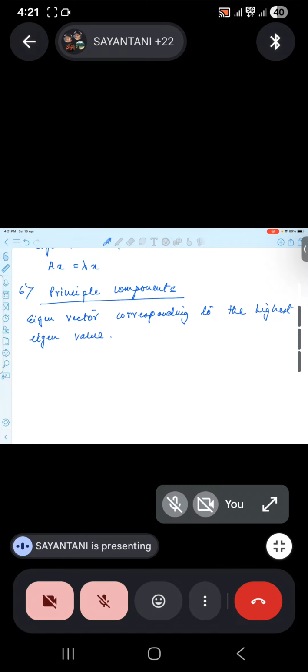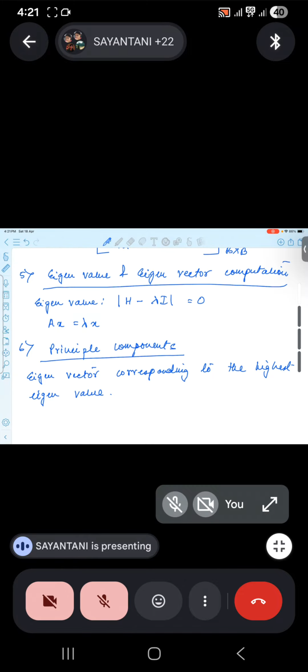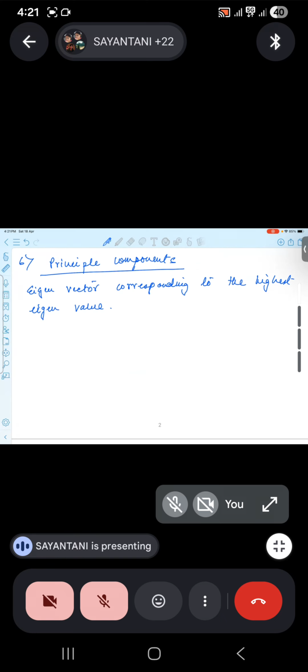So after performing step number 5, you're going to get a large number of eigenvectors and eigenvalues. But if you have to calculate the principal components, the first thing you have to retain is the eigenvector corresponding to the highest eigenvalue. So that means you will get one particular vector which has these sort of elements.